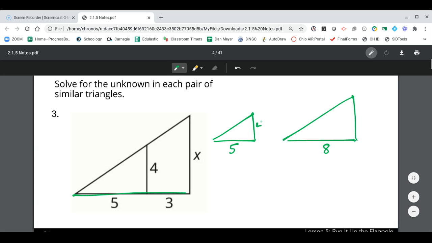And then 4 is the length of my vertical segment of my smaller triangle, and x is the length of my vertical side of my larger triangle. So 5 is to 8 as 4 is to x. Cross multiply. 5x equals 32. So divide both sides by 5, and we get x equals 6.4.